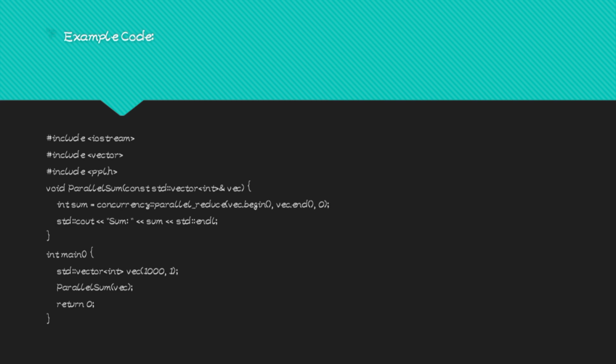And we see that also on line 5, where we see int sum equals concurrency parallel reduce in brackets vector dot begin, vector dot end, comma 0. So there it's used to sum elements of a vector in parallel. So we are adding the elements of the vector from the beginning up to the end.